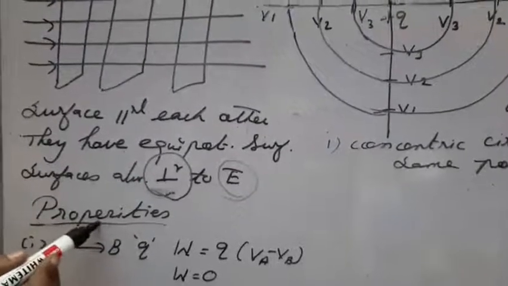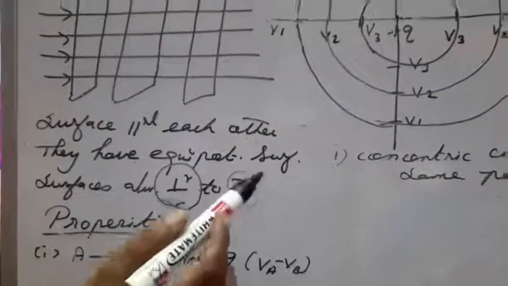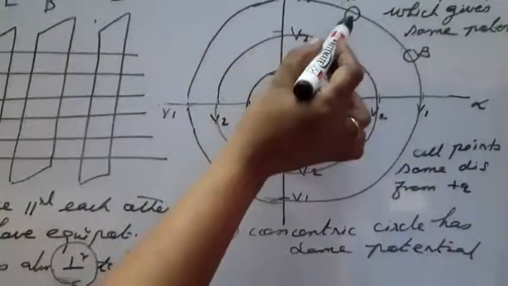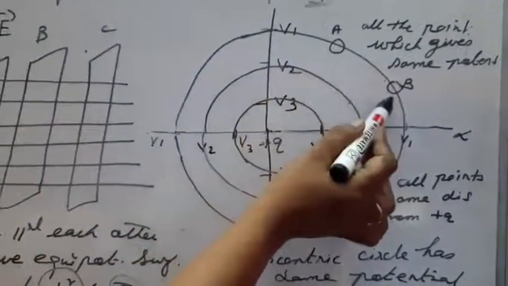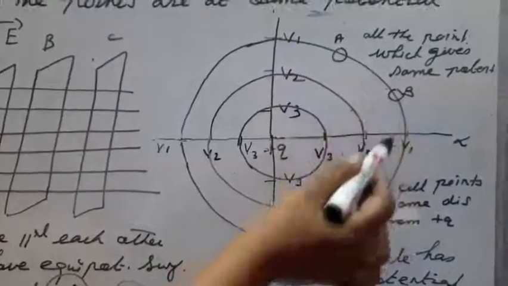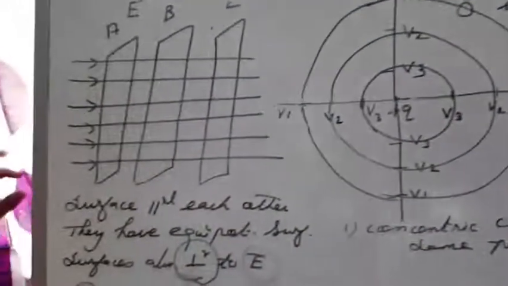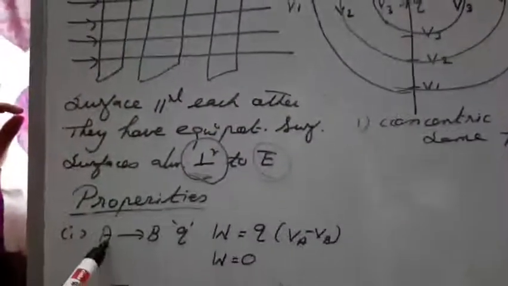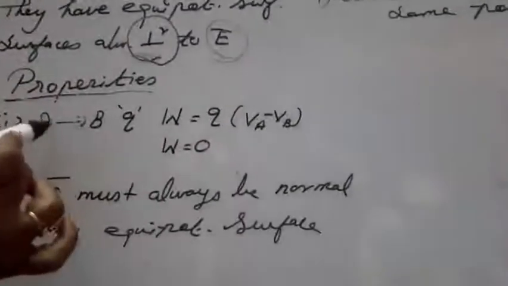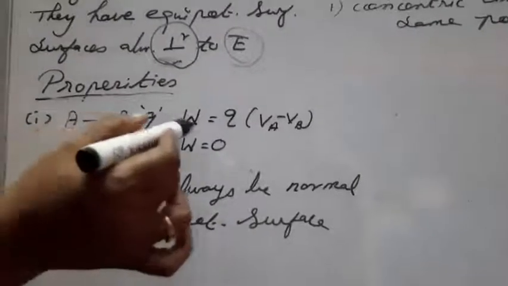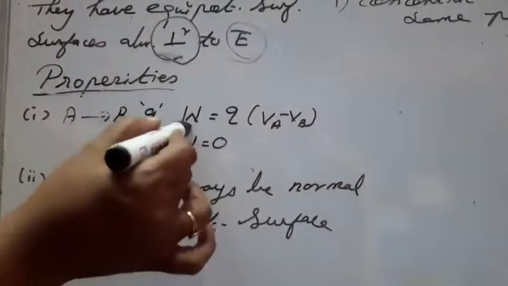Next we will discuss some properties of equipotential surface. There are two properties. First, in this concentric circle we take a point A with some charge, and point B. Suppose we move the charge from A to B. Therefore work is done.